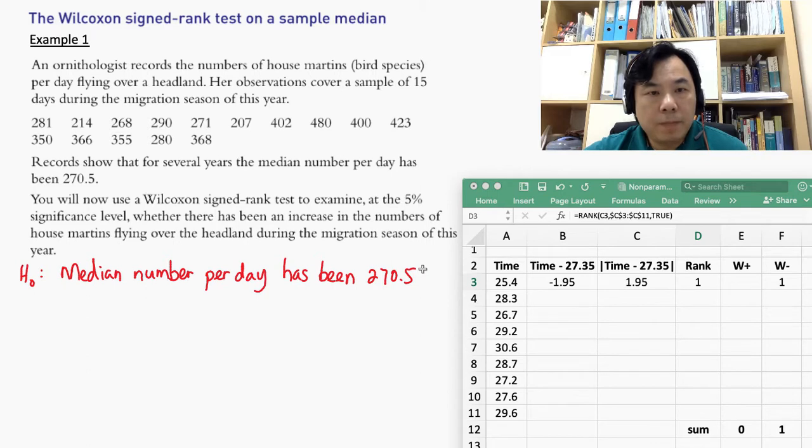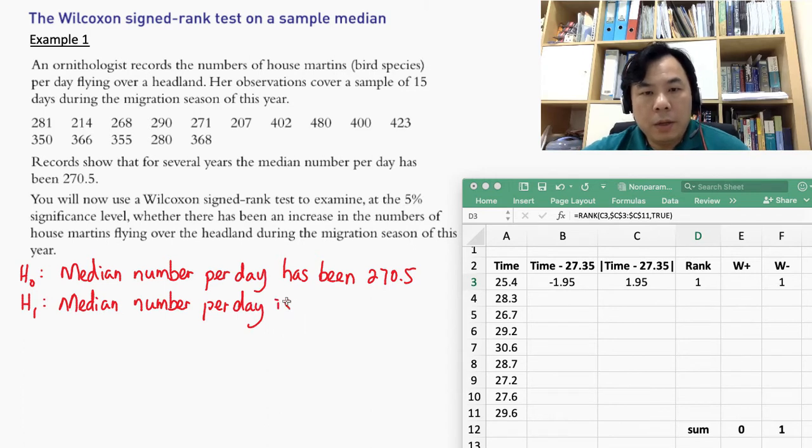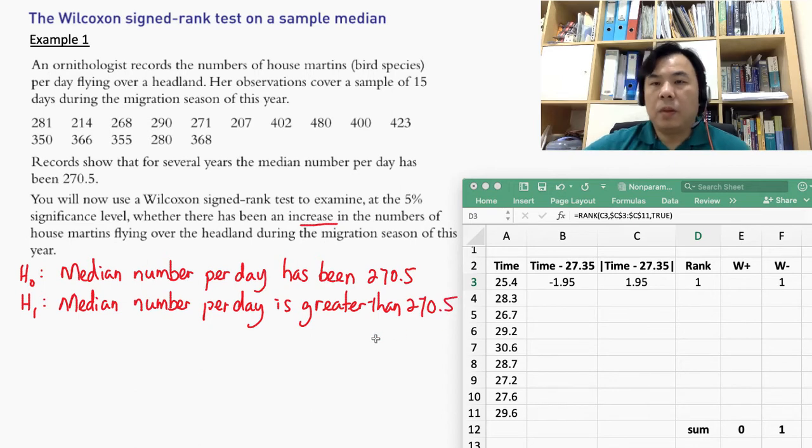And then the alternative would be the median number per day is greater than 270.5. I think we are testing an increase. Yeah, correct. So it's greater than 270.5. All right. Now I hope that is clear.